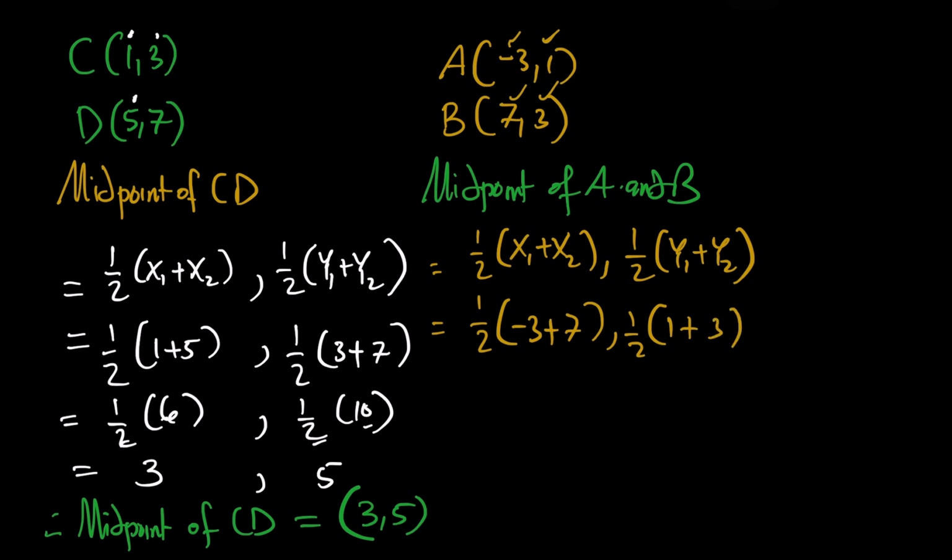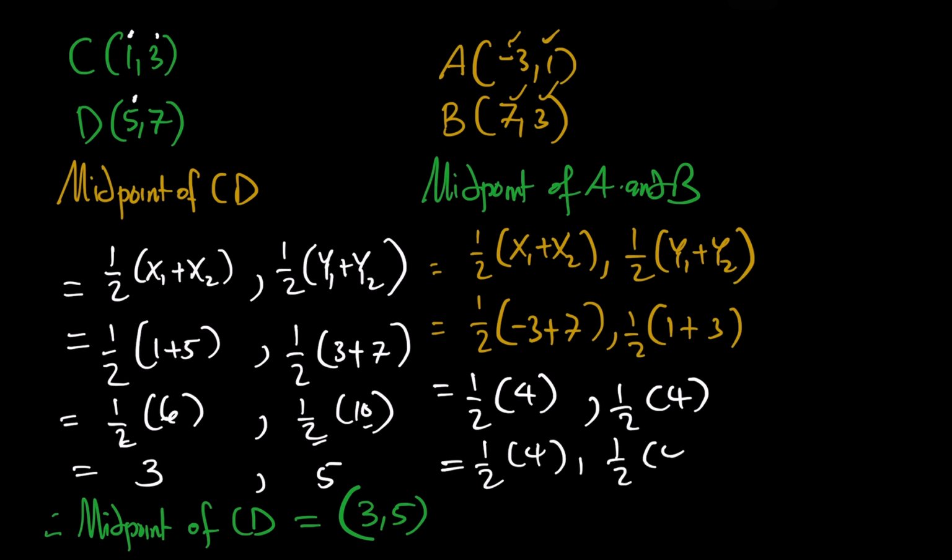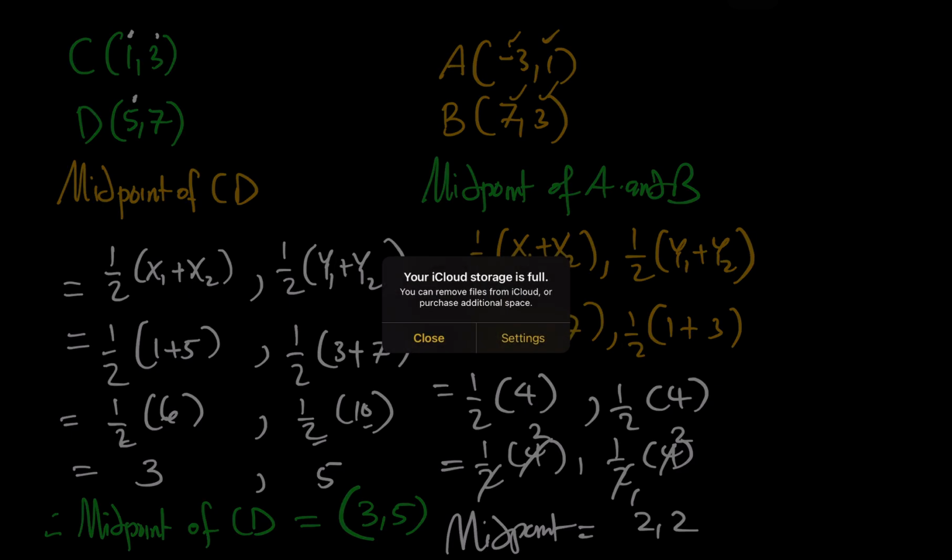And then we end up getting half here, 4 there, half here, another 4 here, half and 4, half and 4. This 2 cancels out, we get 2. This 2 cancels out, we get 2. So the midpoint is 2 comma 2. Our midpoint is 2 comma 2, like that.